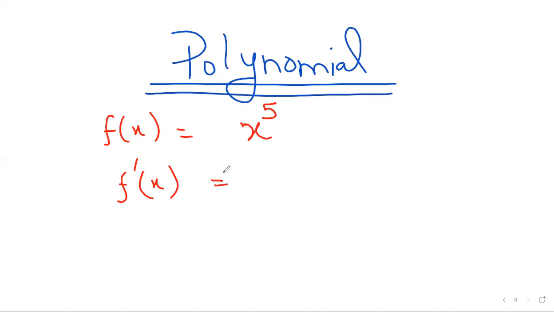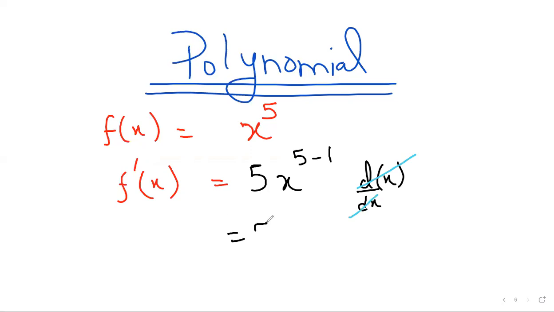First derivative and derivative have equal meaning. Power is 5. Power will become coefficient. Power is reduced by 1, means 5 minus 1. And then we will take the derivative without power, means d upon dx of x, and dx upon dx is 1. Your final answer will be 5x^4.